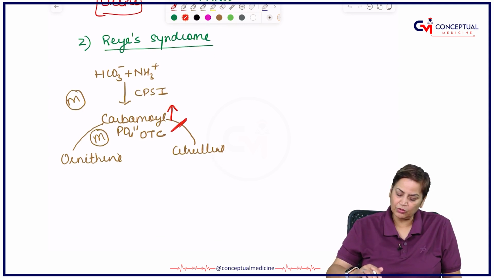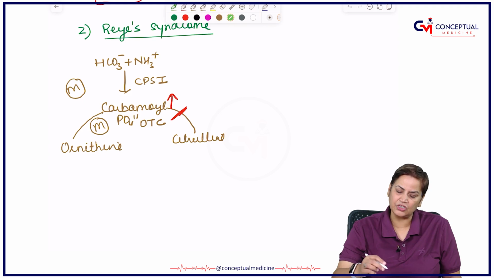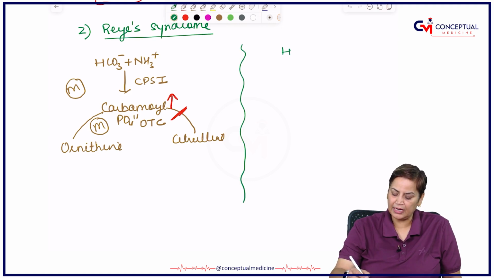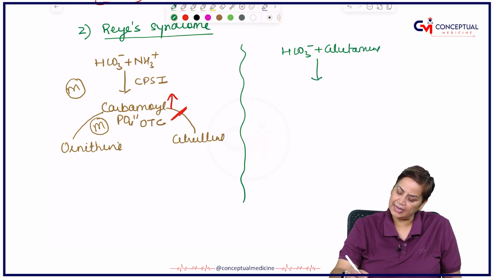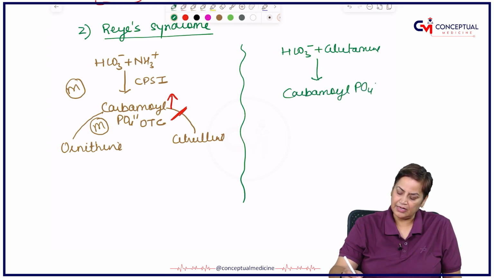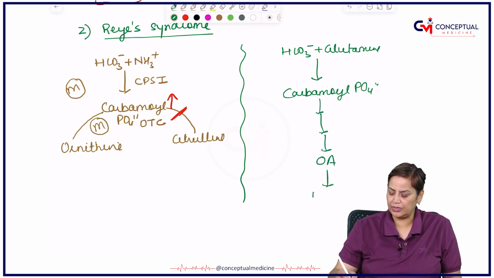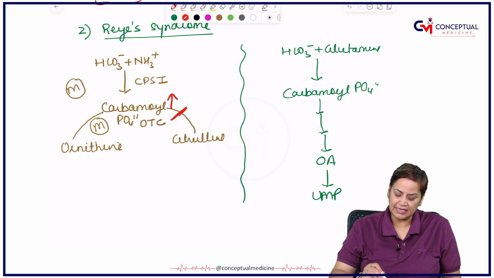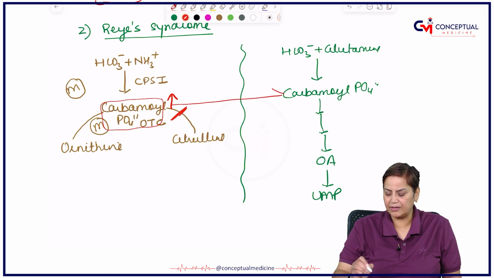Okay. And in the cytoplasm a parallel reaction is going on. In the cytoplasm, bicarbonate ions combine with glutamine to form again carbamoyl phosphate, which forms orotic acid and uracil, like this. So if there is increased production of this carbamoyl phosphate, it will be diverted here.